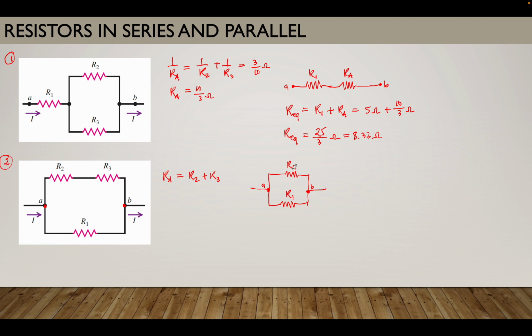R1. So, our last step is to get the, since they are in parallel, 1 over R equivalent is equal to 1 over RA plus 1 over R sub 1.